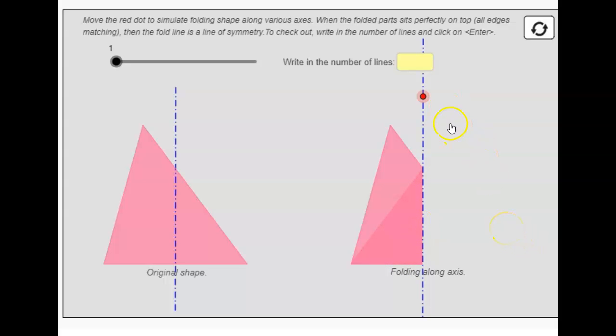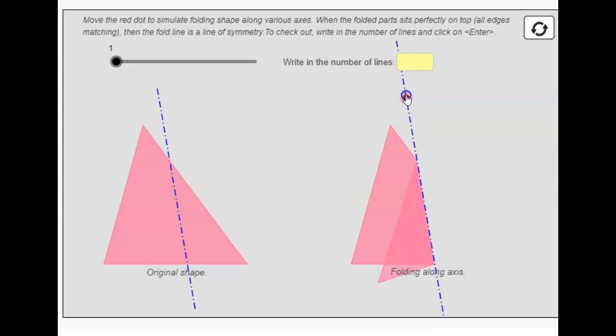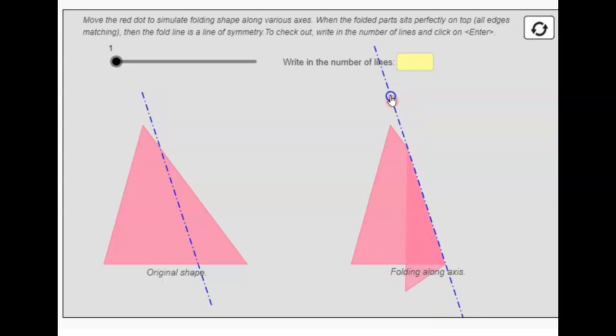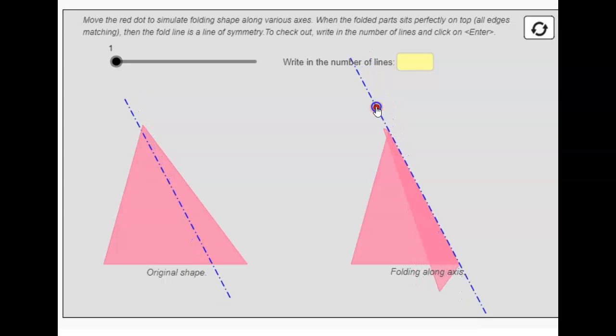Now, I want to make sure that there are no lines here that when folded over will be a line of symmetry. So I'm going to go ahead and move this line counterclockwise, or opposite of the way the hands move on an analog clock.